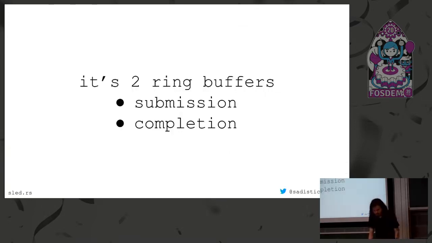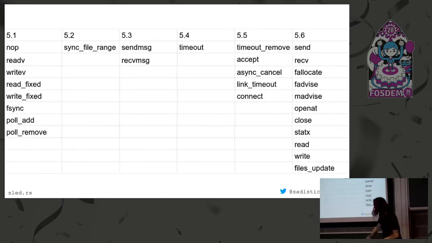Cool. So the way it works is with 2 ring buffers. There's a submission ring buffer where we basically just load up this ring buffer with those events that we saw before. They have different arguments that you can pass as well, depending on the operation.